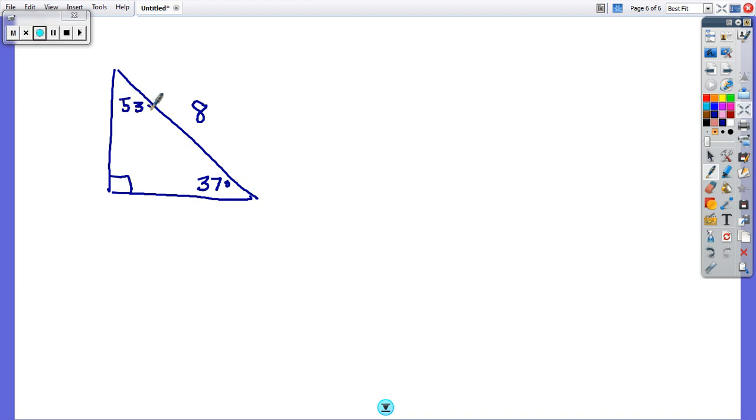So you've already answered part of your question. Now, you know that the sine of 37 is equal to opposite over hypotenuse. If I call this side A and this side B, I would say that the sine of 37 is equal to A divided by 8, opposite divided by hypotenuse.